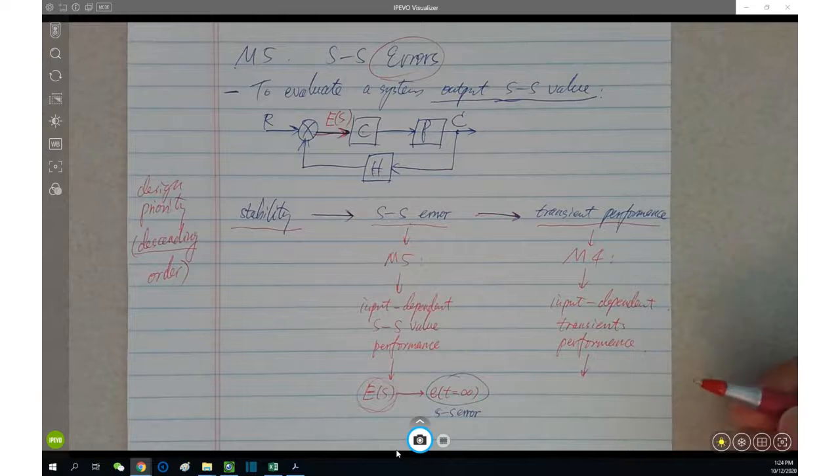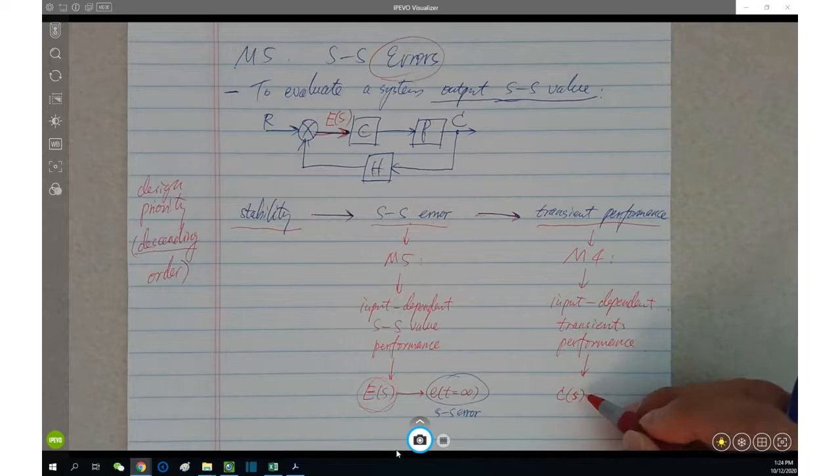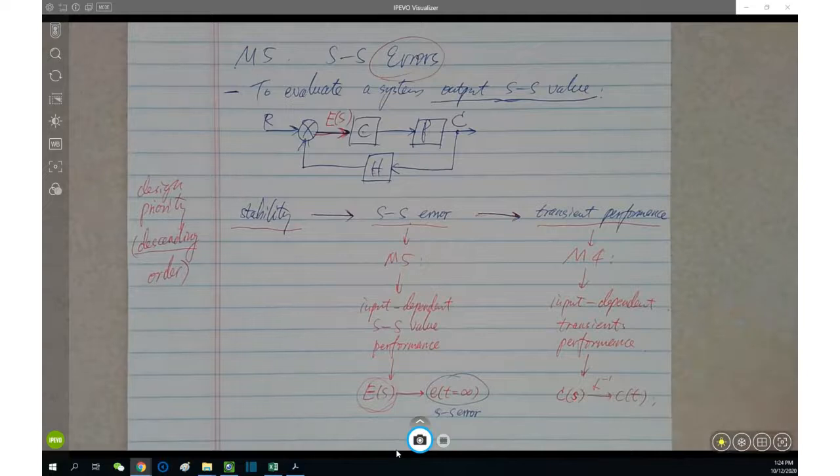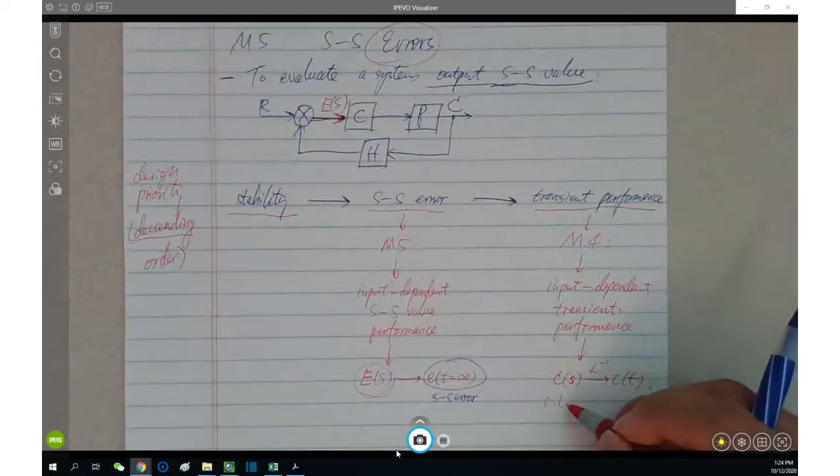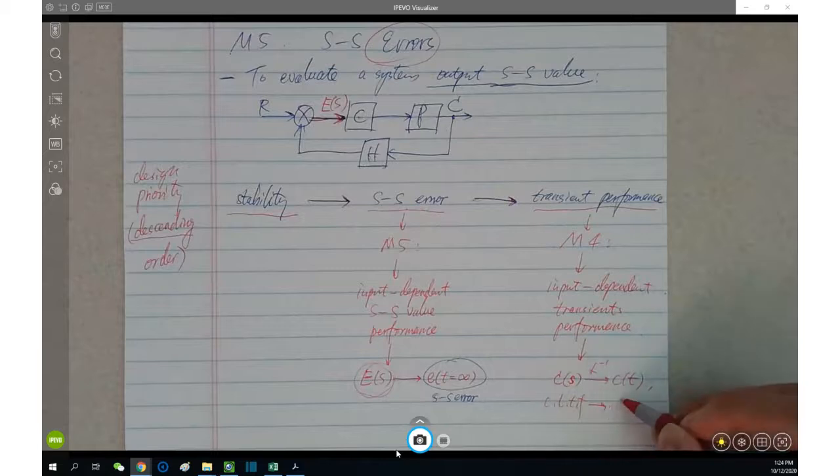Further, we are studying what? We're just studying the C of S, the output. And then from C of S, we can find the C of t. This is one thing. And also from the closed loop transfer function, we can find TP, TS, overshoot, TR.